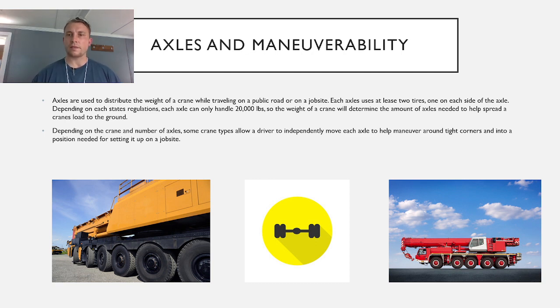You need to have a certain amount of axles for that amount of weight. Most of the time the states want 20,000 pounds per axle. So if a crane weighs 140,000 pounds, you're going to have about 6 different axles there. The crane in the pictures there, you can see one that has 6 and then another one that has 5.